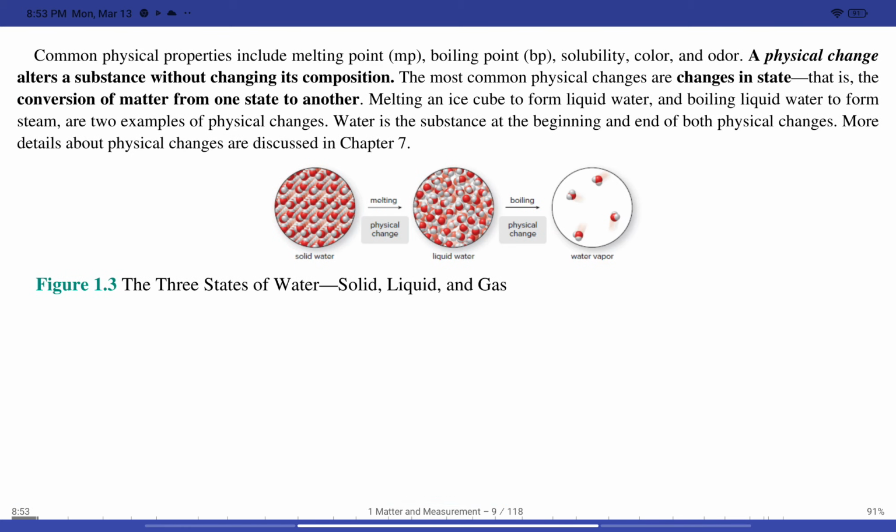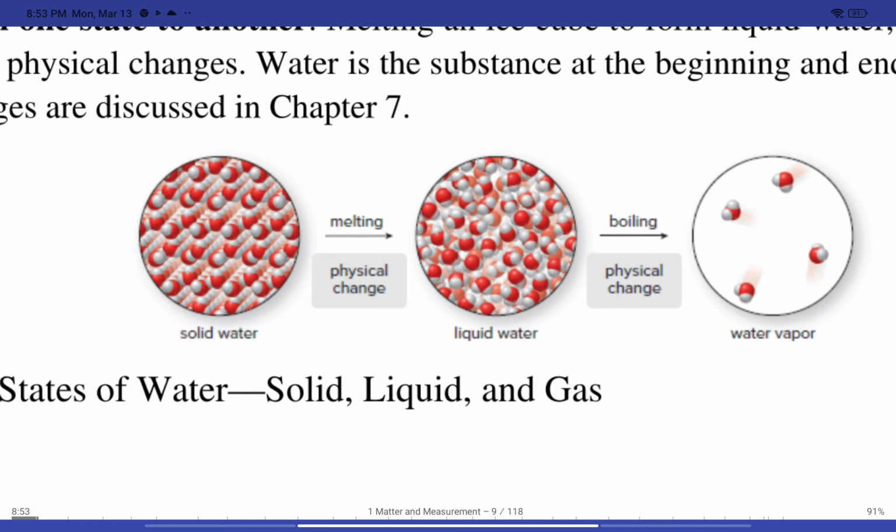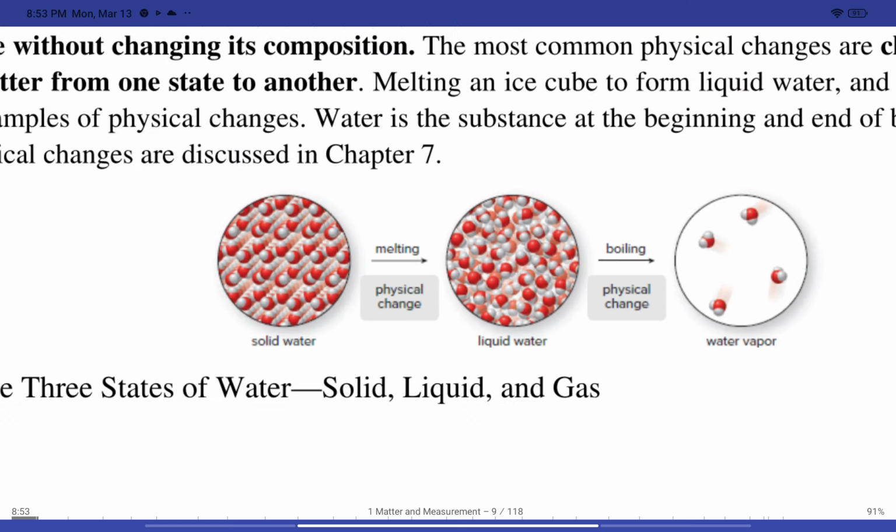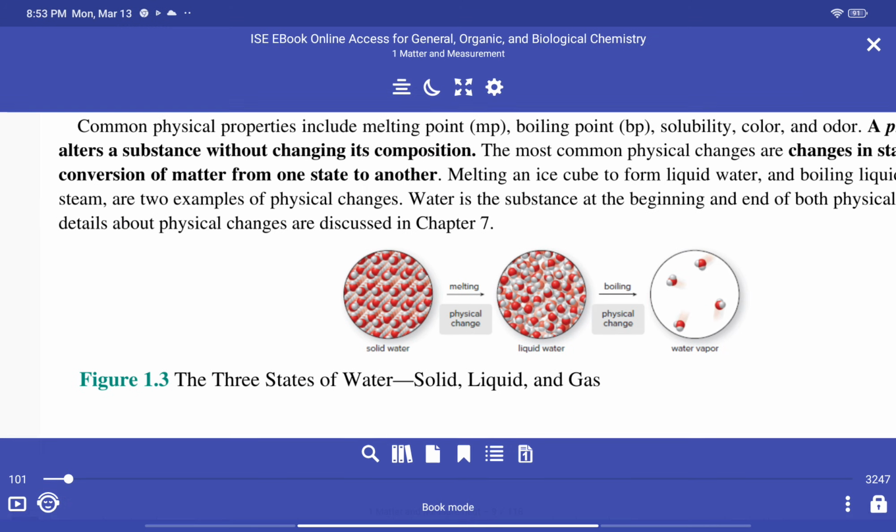So in chemistry, they have these three states of water: solid, liquid, and gas. And they have the arrangement of the solid water. Here you can see on the left side of this presentation, you have the solid, and this is the picture of the arrangement of the atoms.